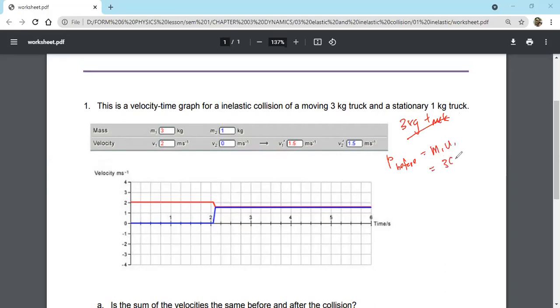So 3 times 2 equals 6 kg ms negative 1. For the 3 kg truck, momentum after will be M1 V1. So 3 kg times 1.5, so there is 4.5 kg ms negative 1.